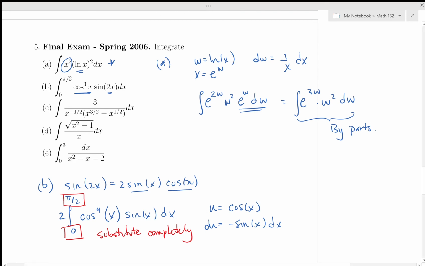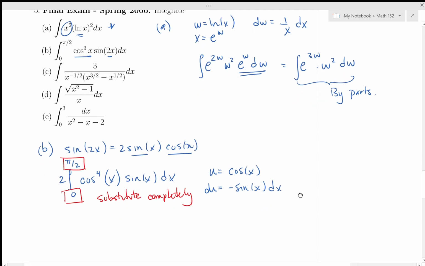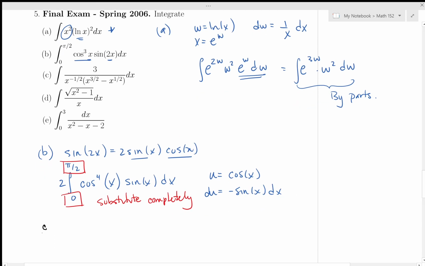Okay. What about C? Looking at C, I'm thinking to myself, what should I do? Well, just algebraically simplify.